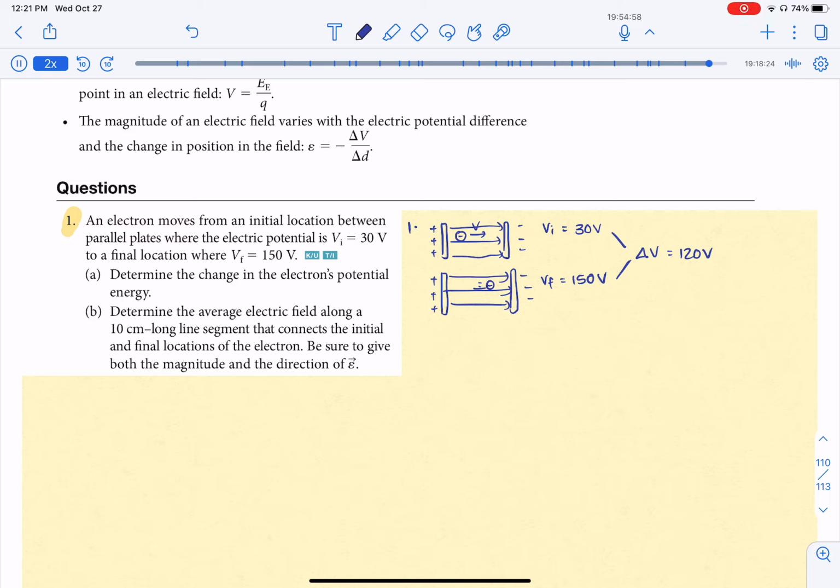So we're switching gears here to non-uniform fields. You can see the definition for electric potential energy has changed.